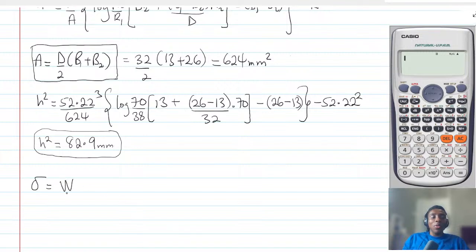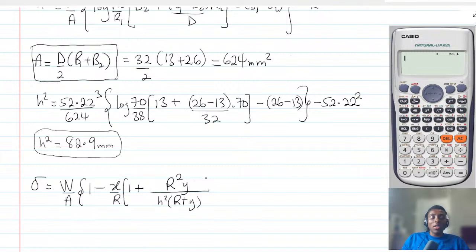The stress will be W over area, all into 1 minus X over R, times 1 plus r squared, and then y, and then h squared over r plus y.